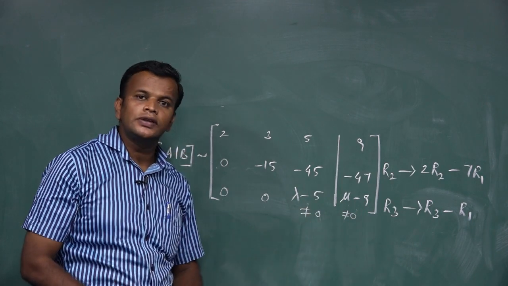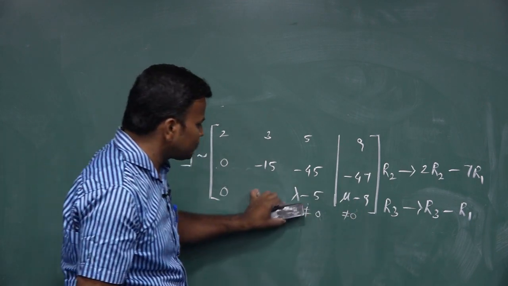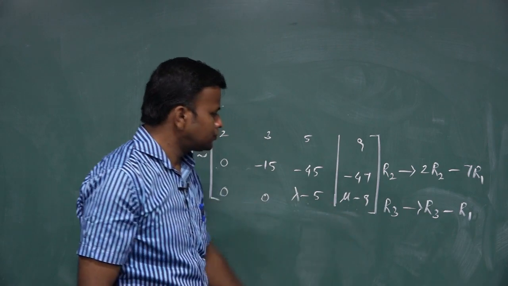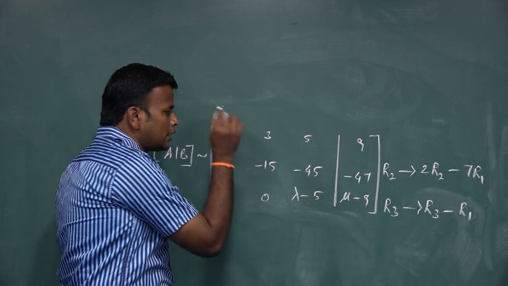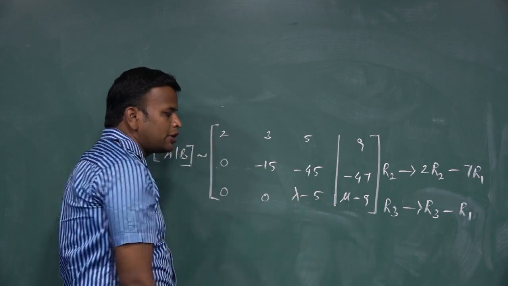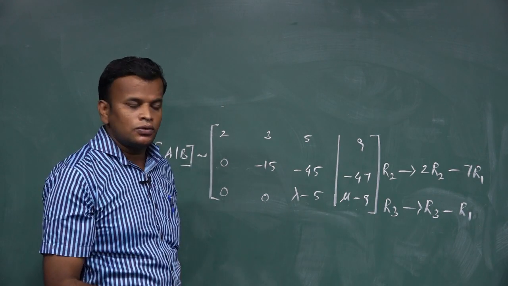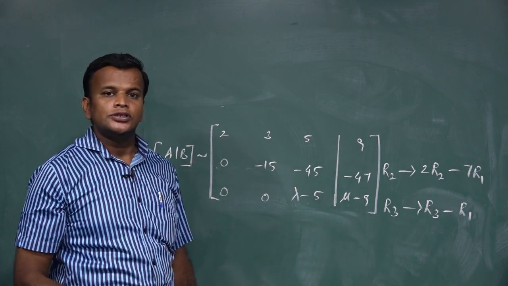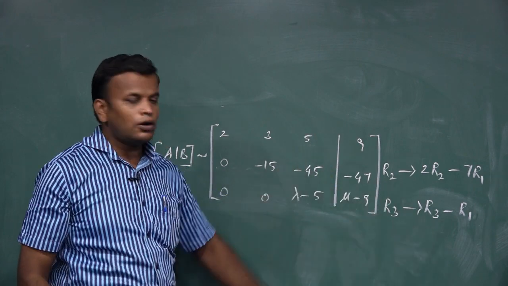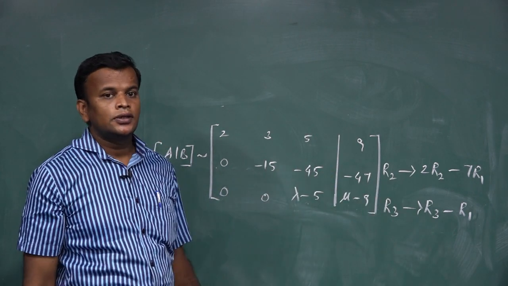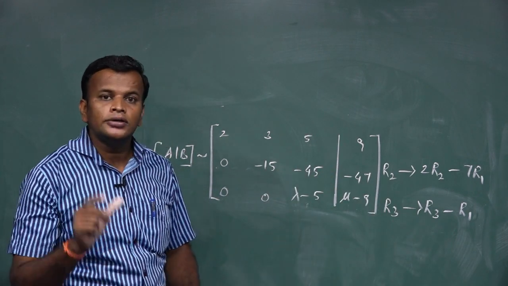Here it is also considered. We take it that the rank is 3. So to find a unique solution, that element should be not equal to 0, and whatever the other element may be, it may be 0 or non-zero. So how to write it? That element becomes non-zero.